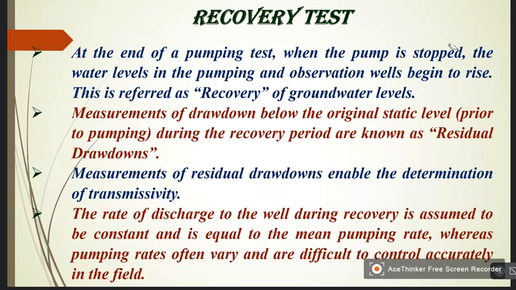Then there will also be certain fluctuations in between. So now in this recovery test method, we need not bother about the maintenance of constant discharge. The only thing is you consider an average pumping rate, and that average pumping rate can be considered as your discharge.